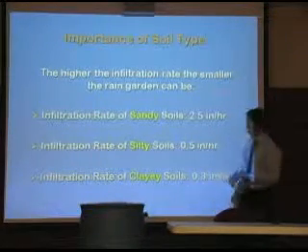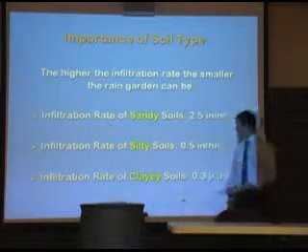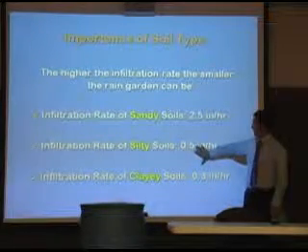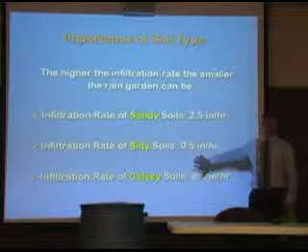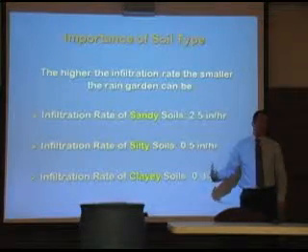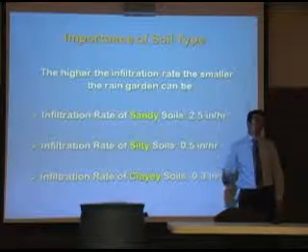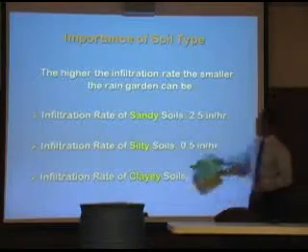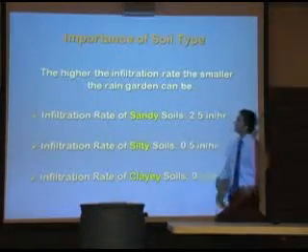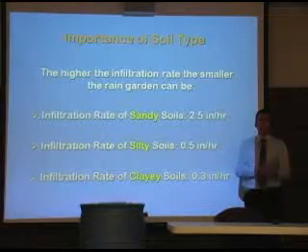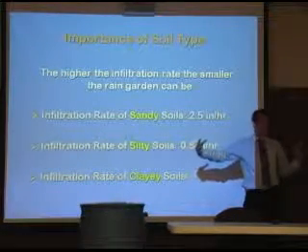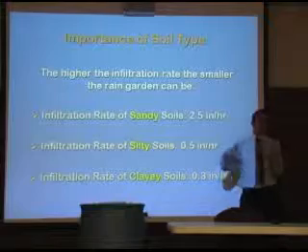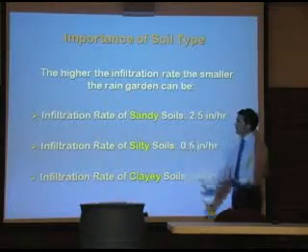If you've got a silty soil or a clay soil, the amount of water it can infiltrate drops considerably, by about 80% or so. So you'll have more ponding, and it's going to stay there longer. So when you have silty soils or clay soils, what that essentially says is you need to go bigger, so you have more square footage to absorb that water.